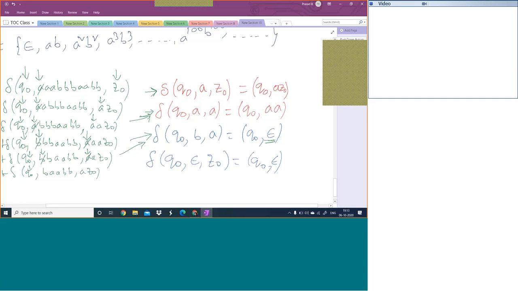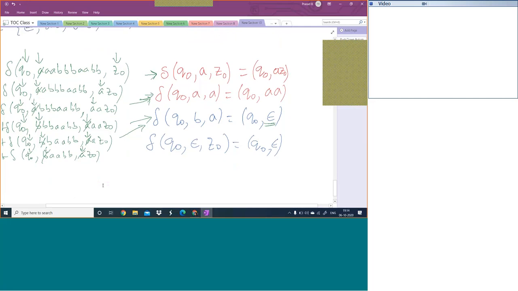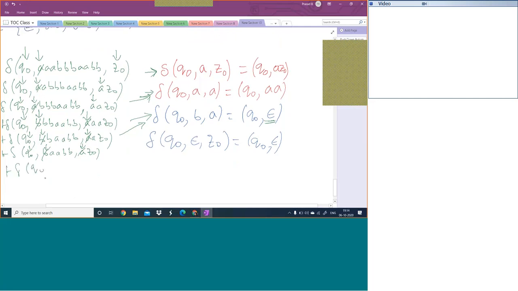Again Q0, B, A, so for this B, this A will be deleted. The result is Q0, double A, double B, and Z0.